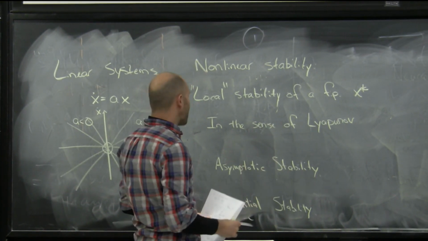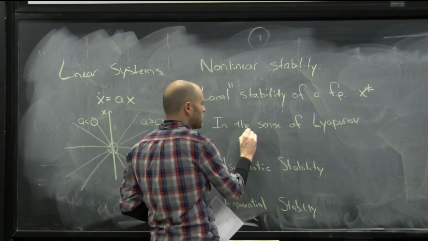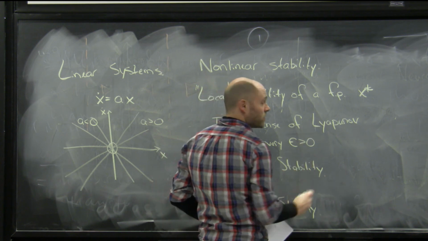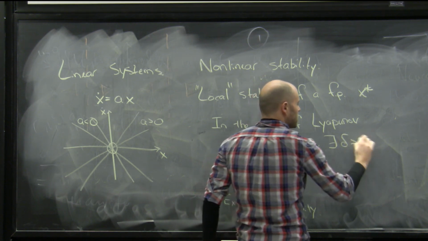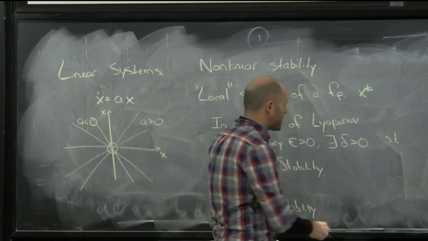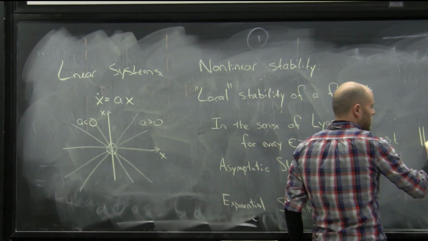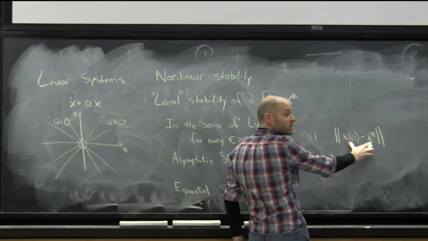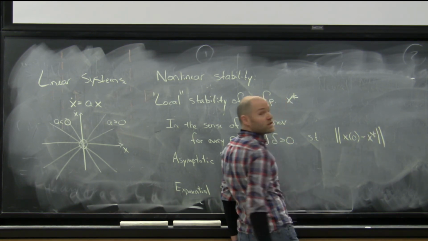You'll see us write it with Lyapunov functions later, but the one that's easy to write without any extra machinery is just to say, for every epsilon, small number epsilon greater than 0, there exists a delta greater than 0, such that if I started in a region near the origin, or near the fixed point, so x0 minus the fixed point, that's a vector that's the distance between my initial conditions and the fixed point, and I'll take the length of that vector with that notation.